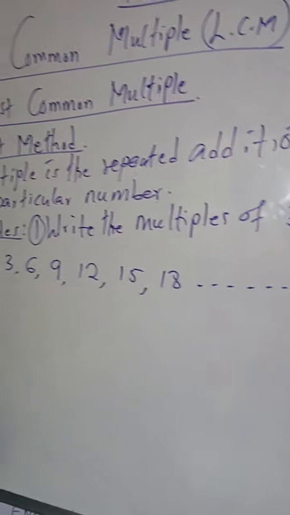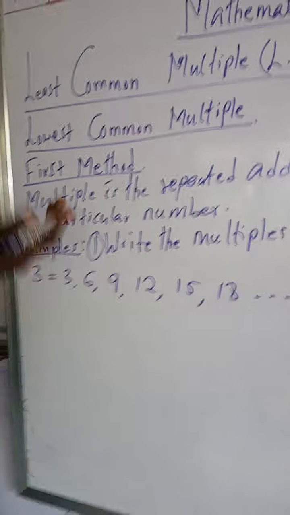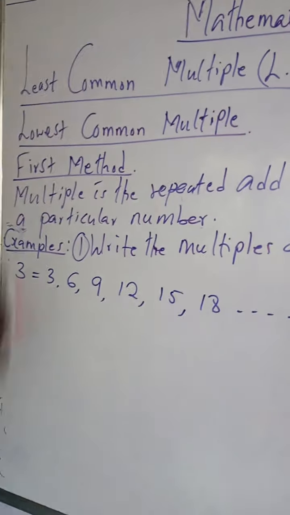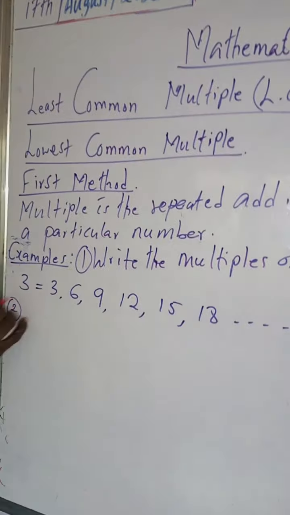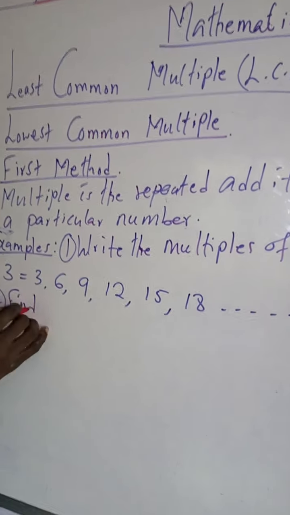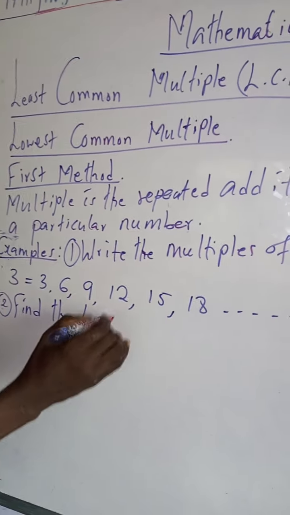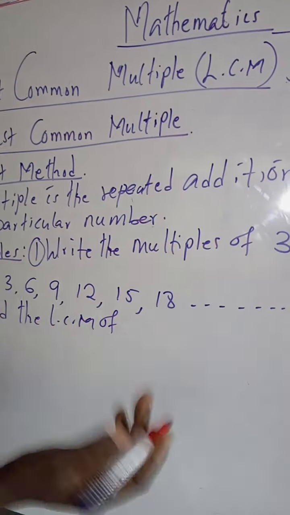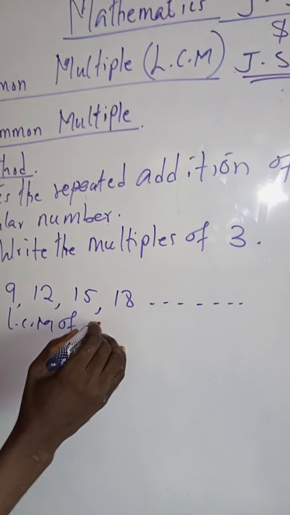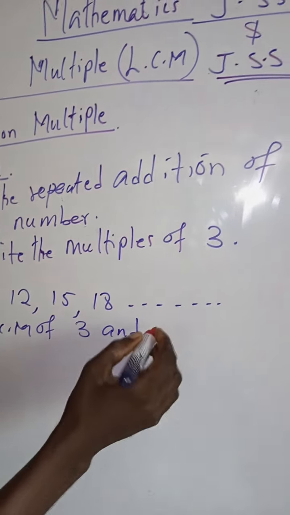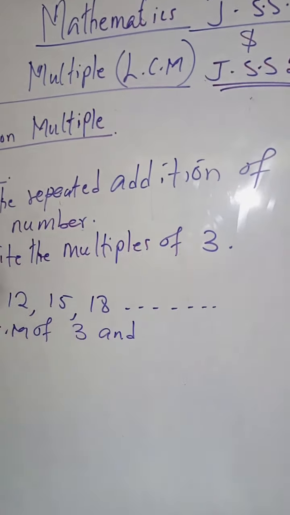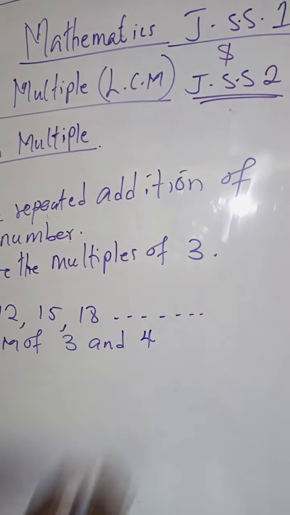Now let's use the multiple method, the first method to look for LCM. Find the LCM of, take for instance, 3 and 4.